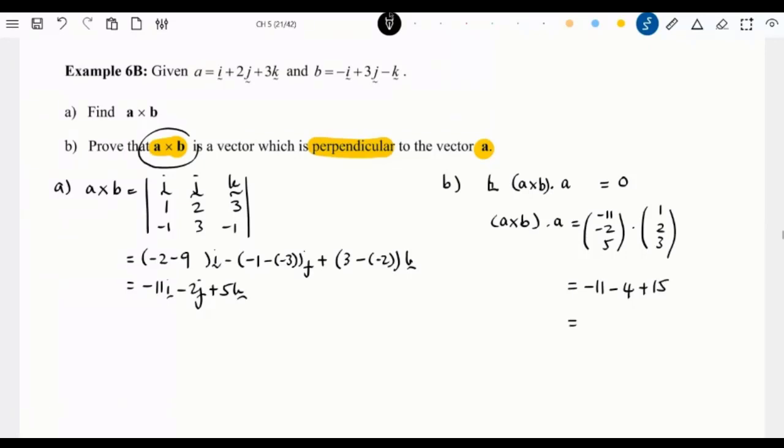Okay, kita dapat berapa ni? 0. So we conclude that since A cross B dot A equal to 0, A cross B is perpendicular to vector A. Okay, so that's for example 6b, part B.